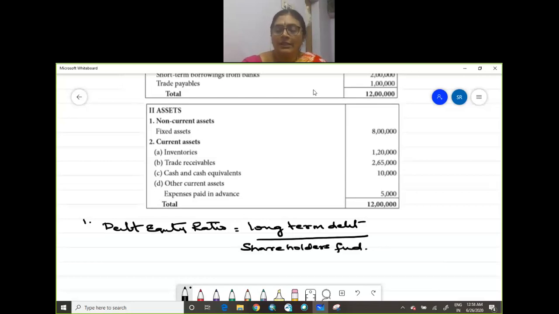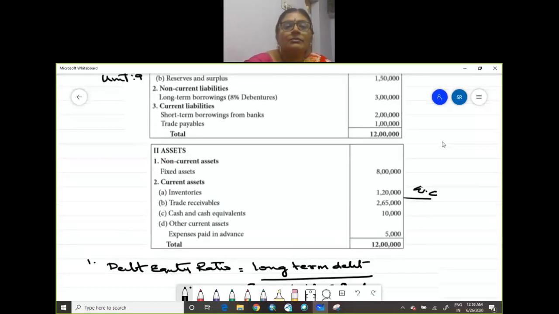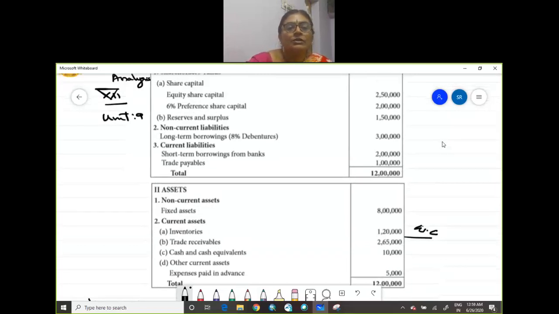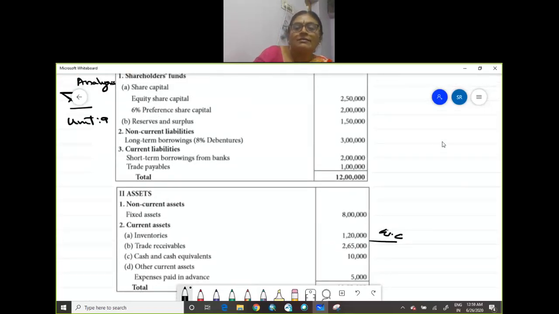Let us go to the working column and see what your long-term debt is. You have your debentures here, so the long-term debt is 3 lakhs.